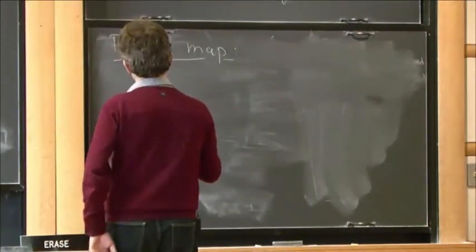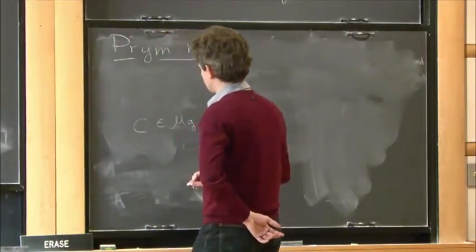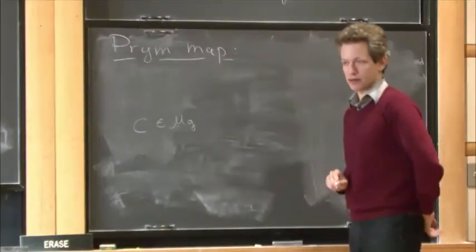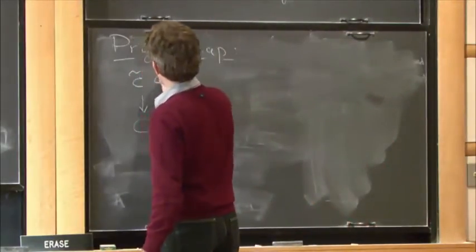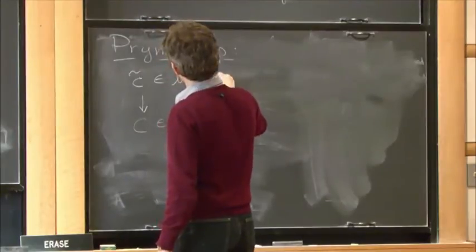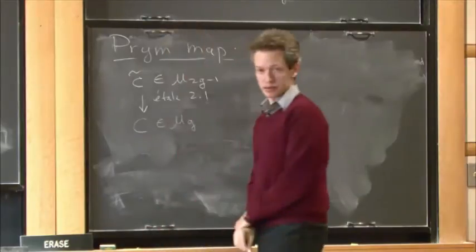So the Prym map is as follows. Suppose I have a curve C of genus g. And suppose I have a cover of it, C twiddle, of genus 2g minus 1. This is an etale 2-to-1 cover.